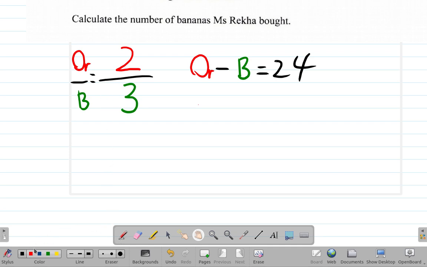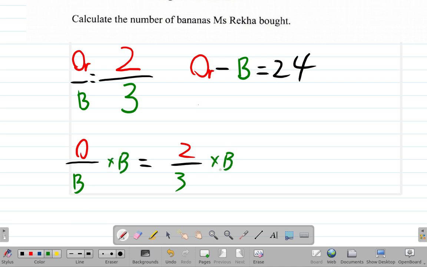So if you multiply by bananas, you're going to get orange over banana equal to, let me write the equal further away, equals 2 over 3, right? So when you multiply both sides by banana, banana cancels banana.